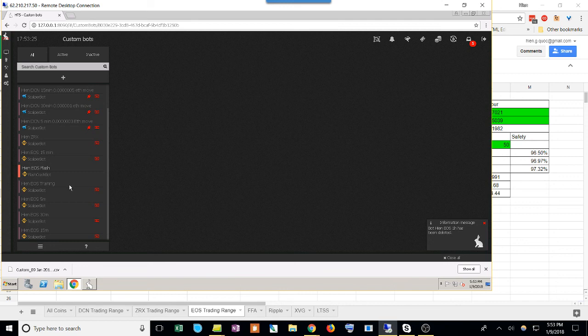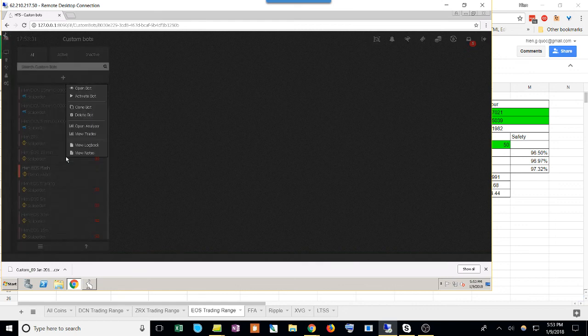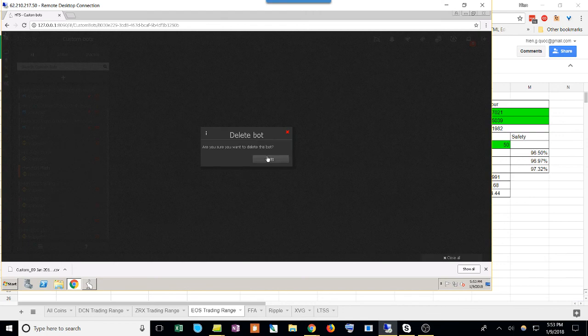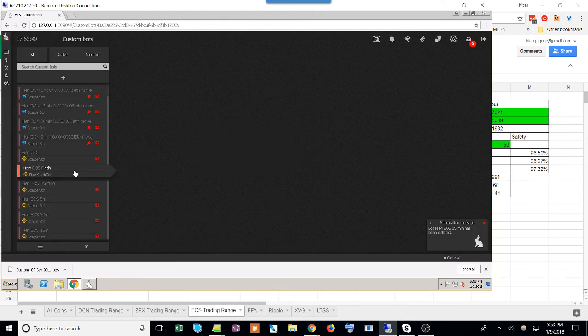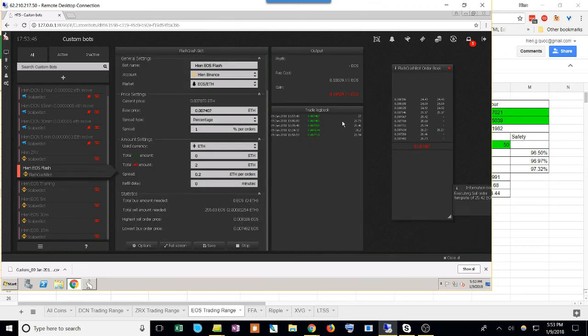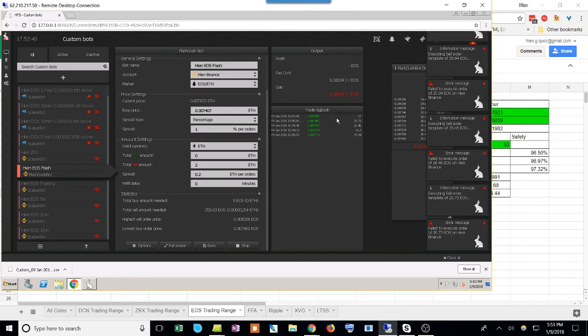Alright, so that is it. I'm going to wait until it does an uptrend. I'm going to delete this other scalper bot that is not needed. It's probably outdated anyway. And EOS flash crash. This one's running right now. I don't know how it's doing right now. It did make some buys and it's waiting for the bounce back up to sell.